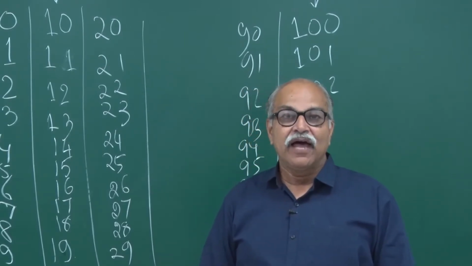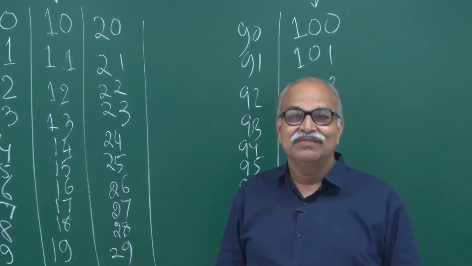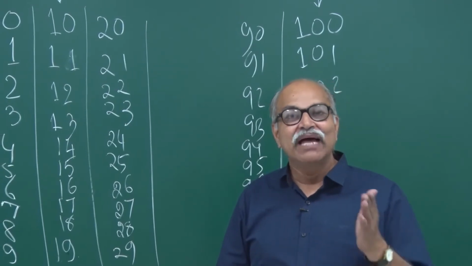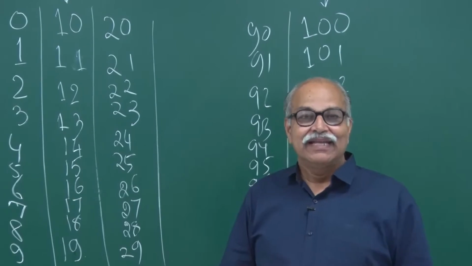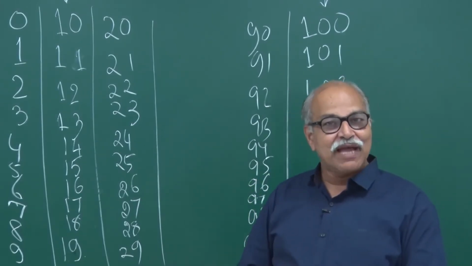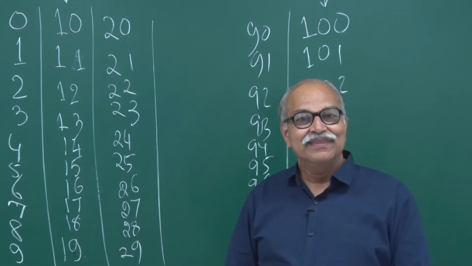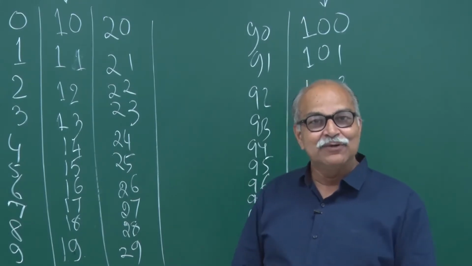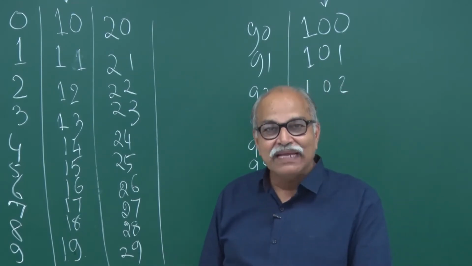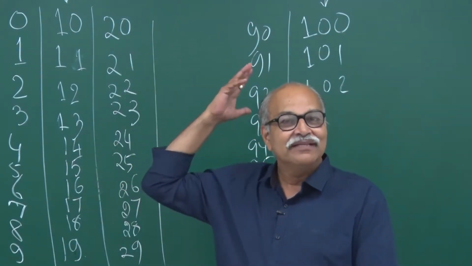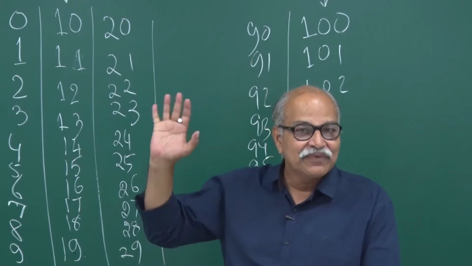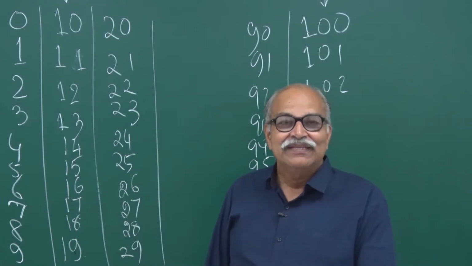Now if I don't use 10 symbols, use only 2 symbols, that is the binary number system. And the first written use of this binary system, the credit goes to an Indian person called Pingla, way back in some 2nd century BC or somewhere in those times.